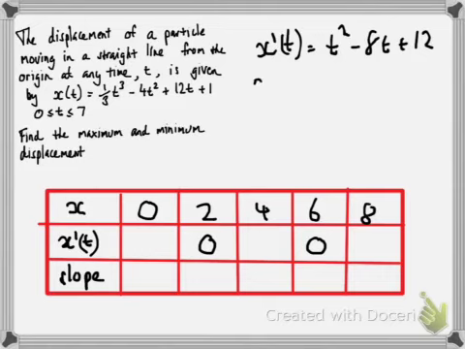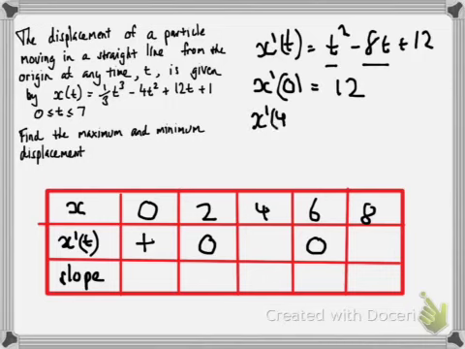derivative. So x dash 0 is going to equal 0 squared minus 8 times 0 plus 12. So we're going to get a positive value there. X dash 4 is 4 squared minus 8 times 4 plus 12. That's 16 minus 32 plus 12. That's going to be negative 4. Negative value.